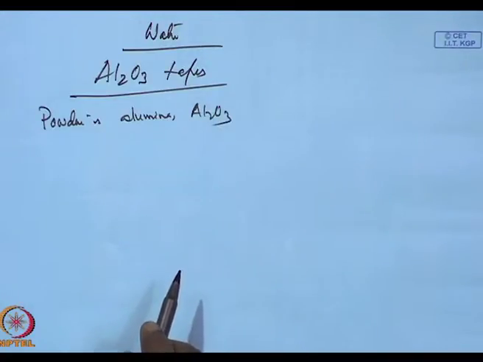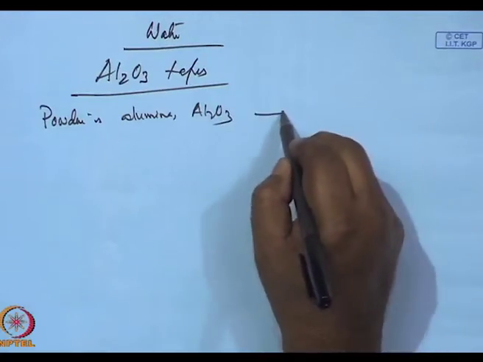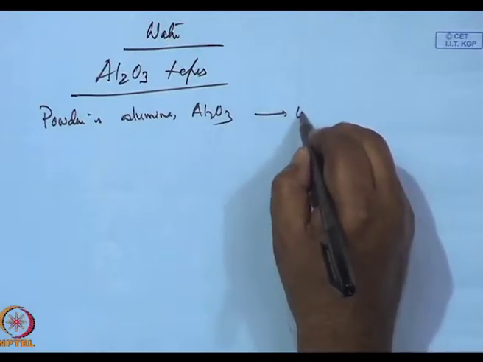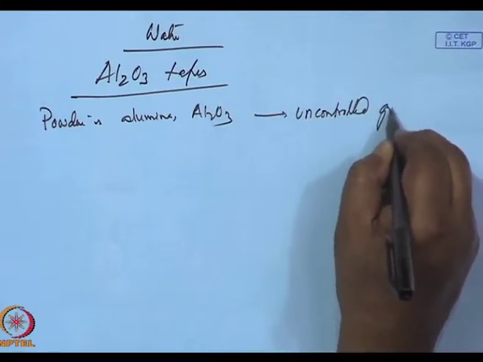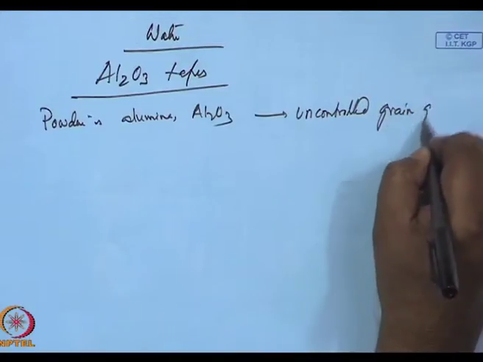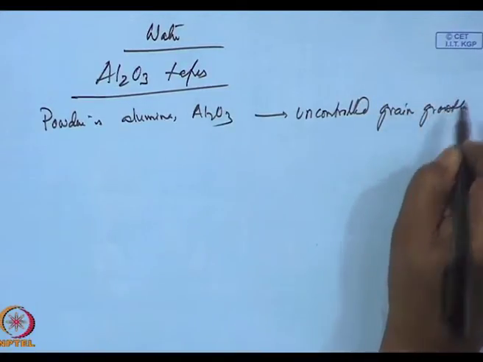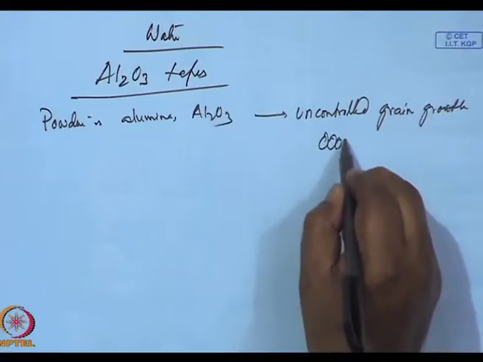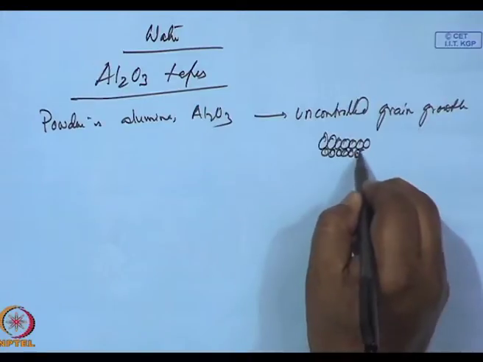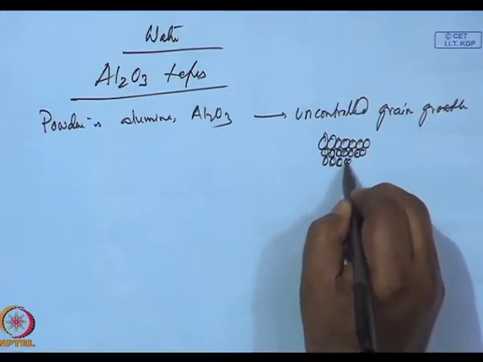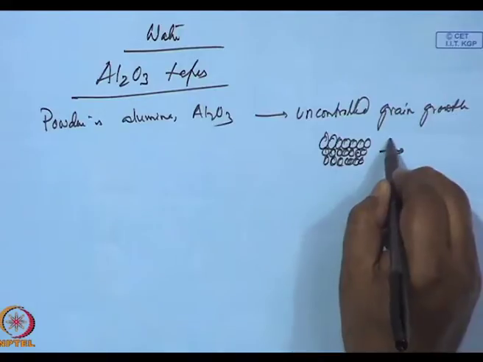Over there, one of the biggest problems of alumina is this, that I had shown you earlier, uncontrolled grain growth can occur, which says that I start off with alumina powders, reasonably uniform shape, sizes, everything, and then I heat it.